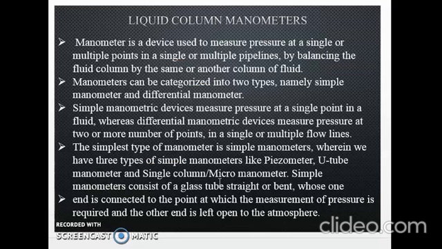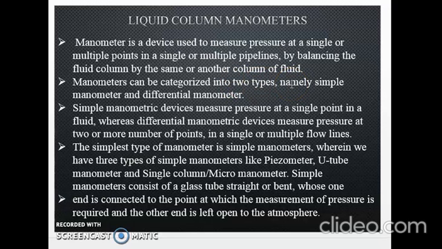Let us now discuss the liquid column manometer. The manometer is a device used to measure the pressure at a single or multiple points in a single or multiple pipelines by balancing the fluid column by the same or another column of the fluid. Manometers can be categorized into two types, namely the simple manometer and the differential manometer.